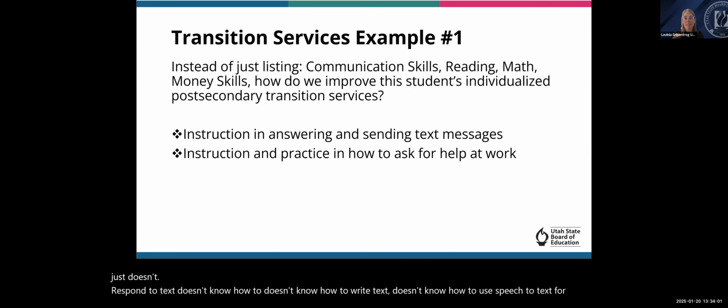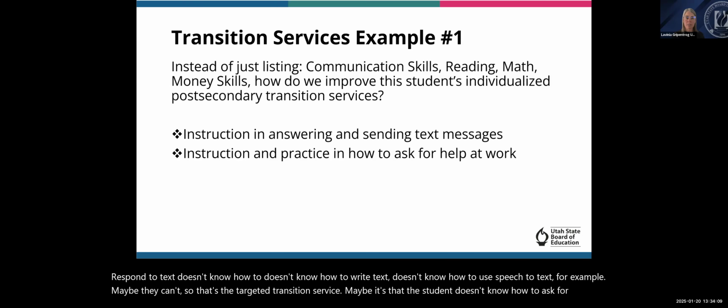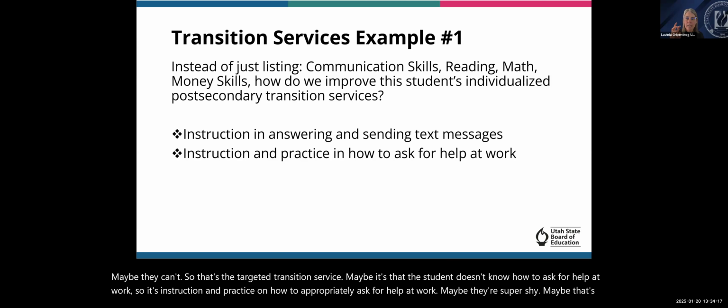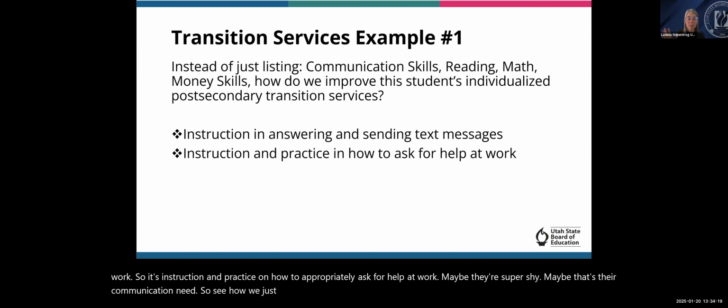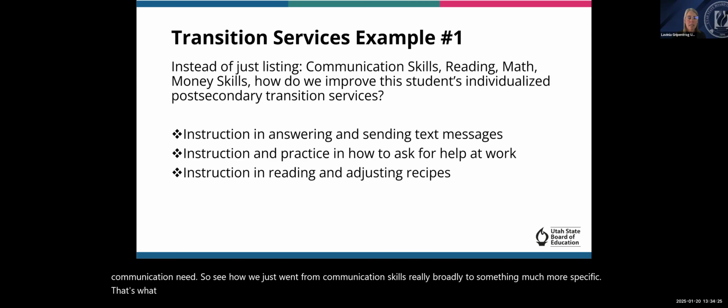So that's the targeted transition service. Maybe the student doesn't know how to ask for help at work. So it's instruction and practice on how to appropriately ask for help at work. Maybe they're super shy. Maybe that's their communication need. See how we just went from communication skills really broadly to something much more specific. That's what we want to see in transition services.